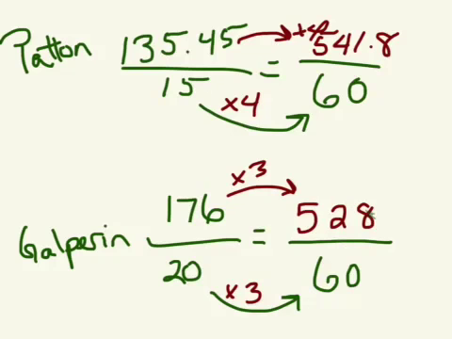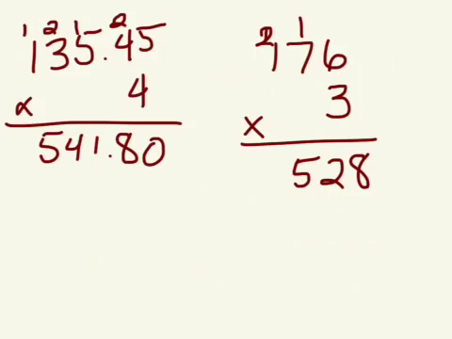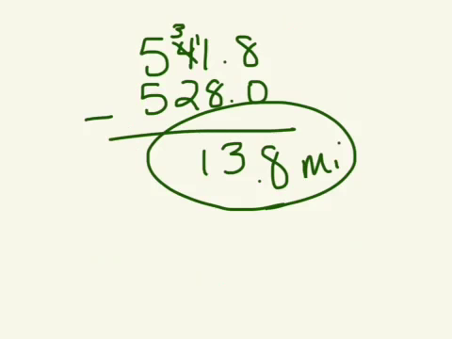So that gave us how far these planes traveled, and from there we had to subtract our two numbers, taking 541 and 8/10 take away 528 to figure out the difference to see how much farther this company could actually go. So this gives us our final answer of 13 and 8/10.